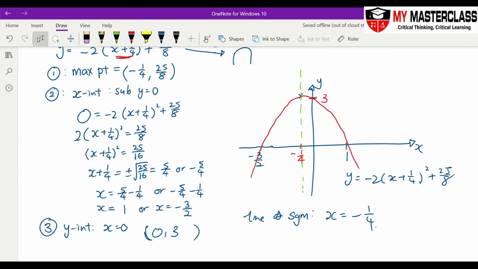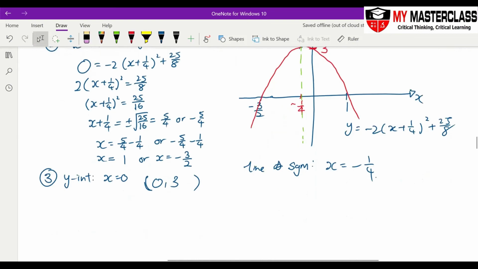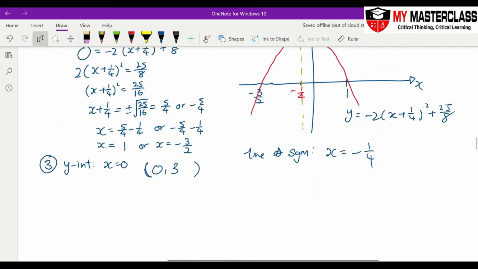That's why there's no solution. The x-intercept is also considered no solution, right? There's no point of intersection. Isabel, done? Yeah. Okay. I didn't hear, so that's why.